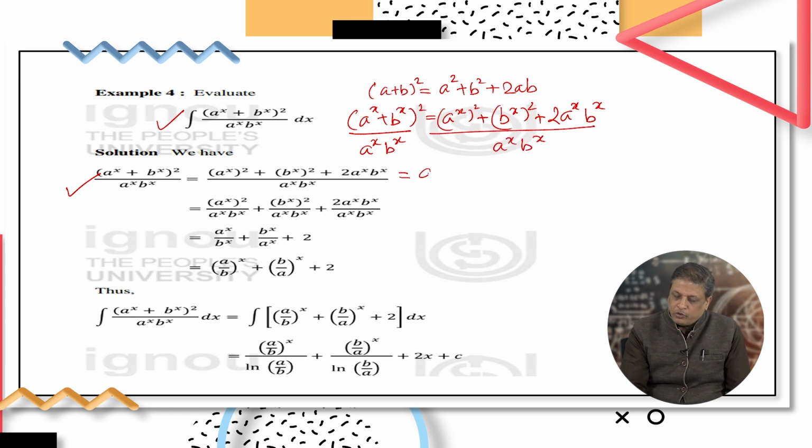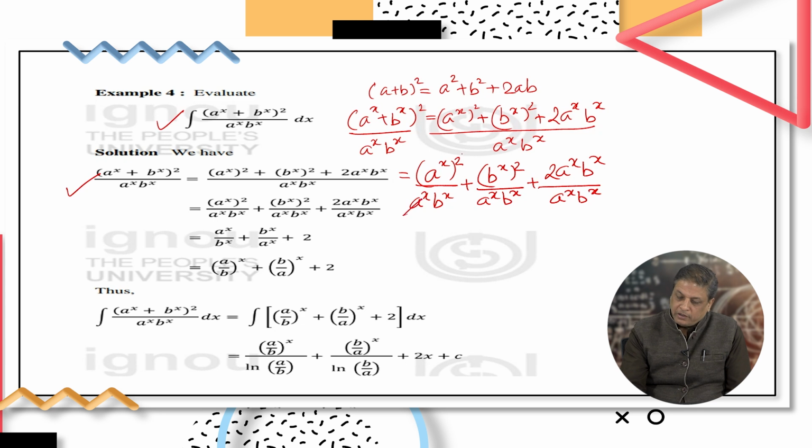Now rearranging, (a^x)^2 upon a^x b^x plus (b^x)^2 upon a^x b^x plus 2 a^x b^x upon a^x b^x.